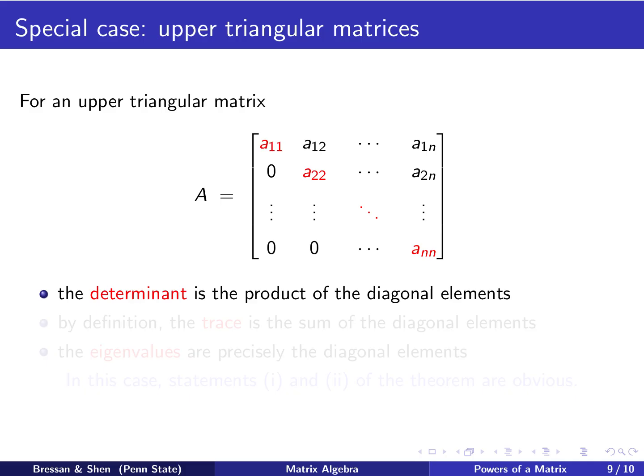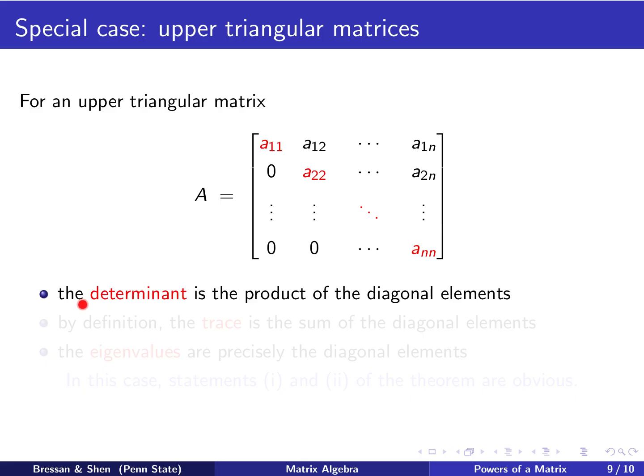We now look at a special case of matrices, the upper triangular matrices. An upper triangular matrix A, m by n, will look like this. Under the diagonal line, which is red here, it's all 0. In this case, there are some properties that help us find many of the things we're interested in.